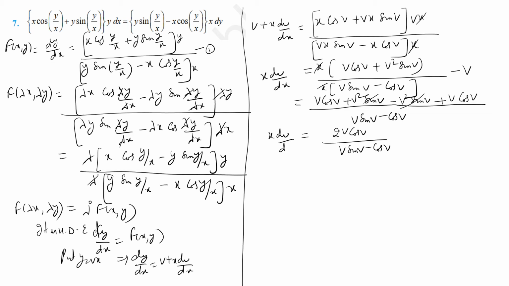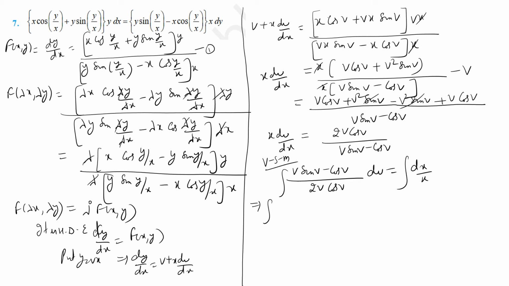So let us separate the variables. We get v sin v minus cos v upon 2v cos v, this is dv, and this is dx by x. Right. Now the rest is the skill of integration, but clearly you can just split the numerator.